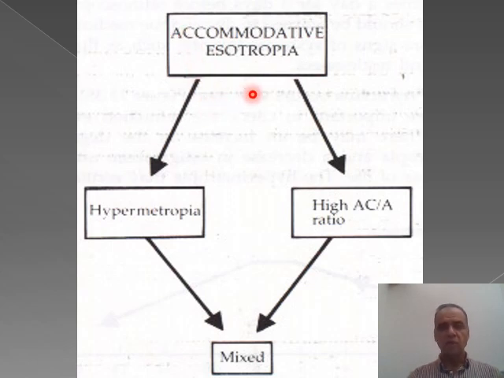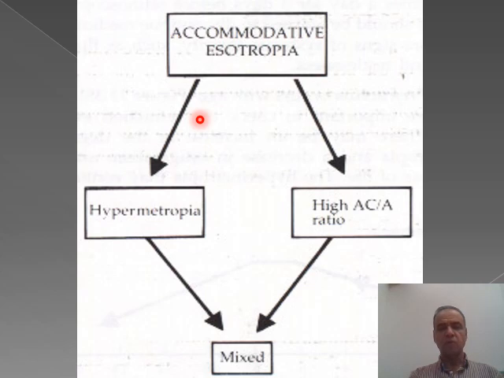To understand accommodative esotropia, I should explain what we mean by the near reflex. Near reflex means any reflex to visualize an object at a distance less than 6 meters.